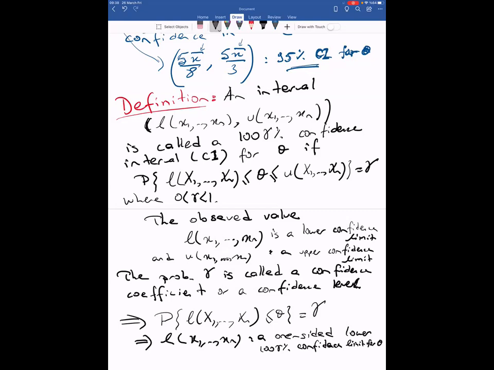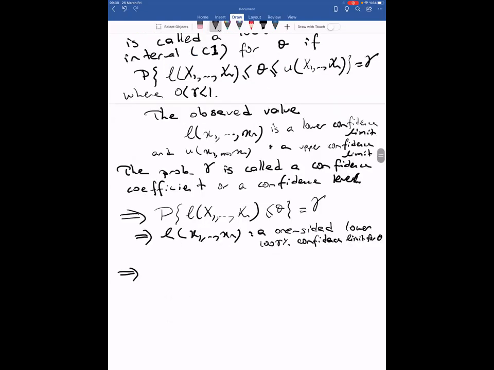And similarly, we can write this for U as an upper bound.